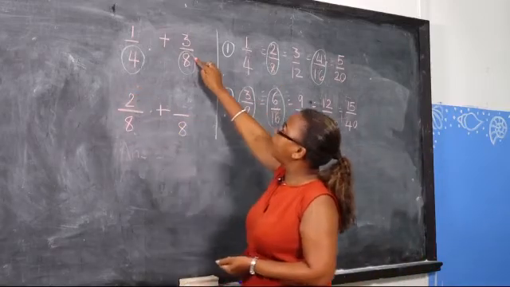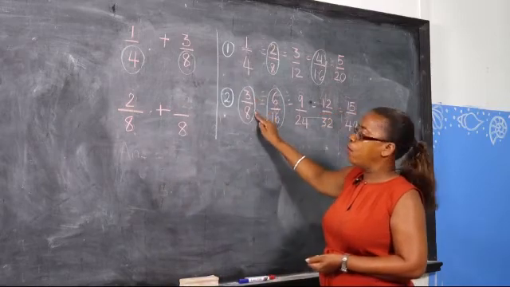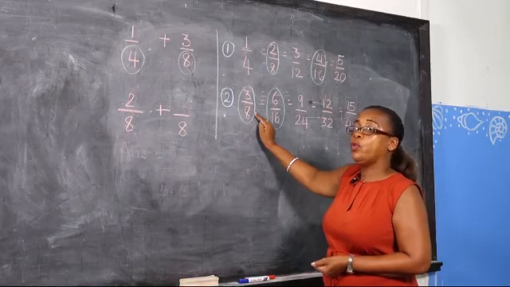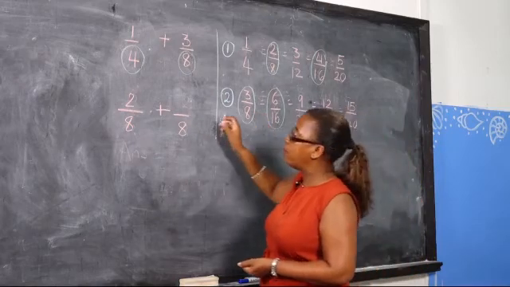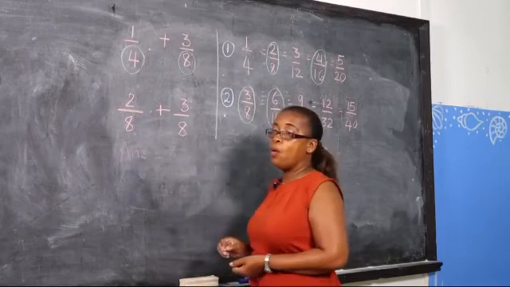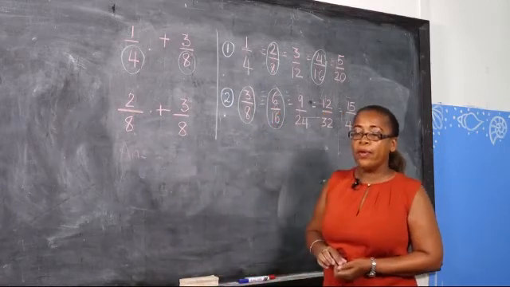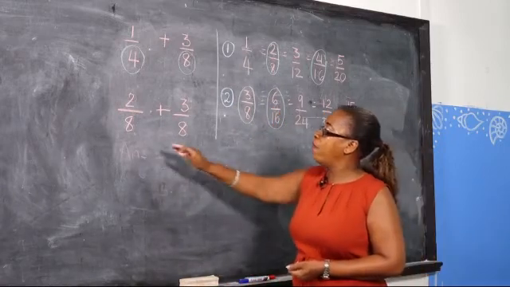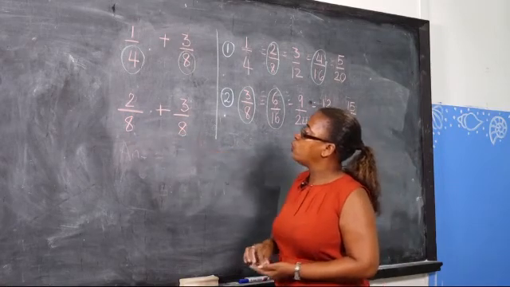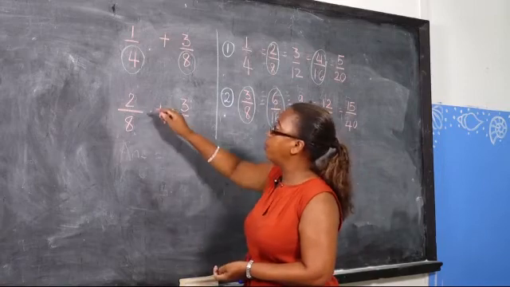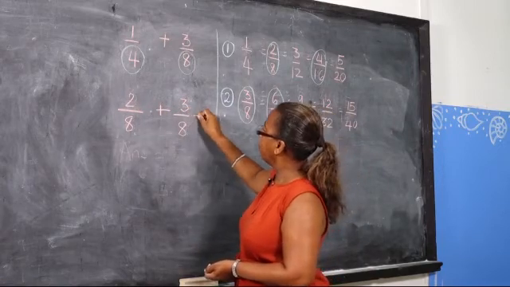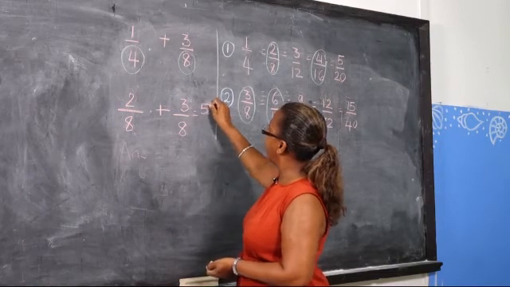Now let us look at 3 8s. Here it is, 3 8s. Therefore, what happened to it? It remained the same. Okay, 3/8. Now, can we add them? Yes, because they have the same denominators, 8 and 8. So we add the numerators, 2 add 3 equals 5.